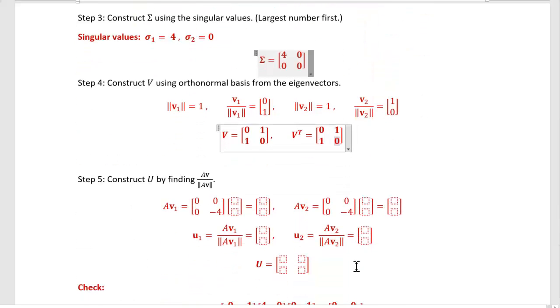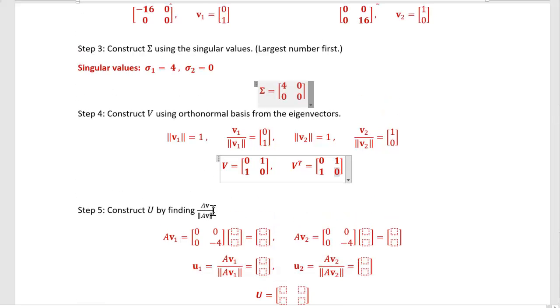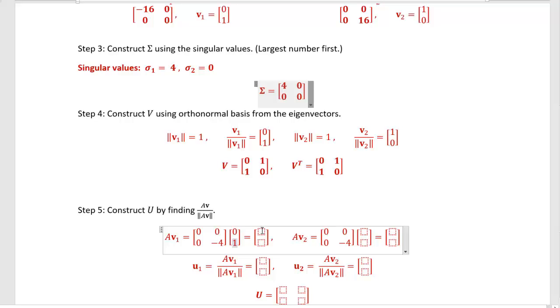Now to find our U matrix, we apply A to the vector V. Our first vector V was 0, 1. When we do this matrix multiplication, we get 0 in the first slot and negative 4 in the second slot.